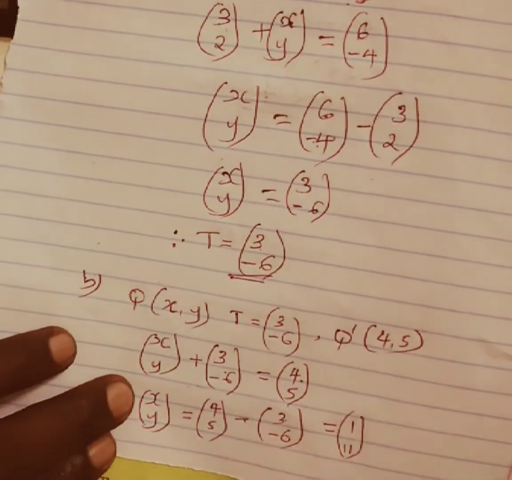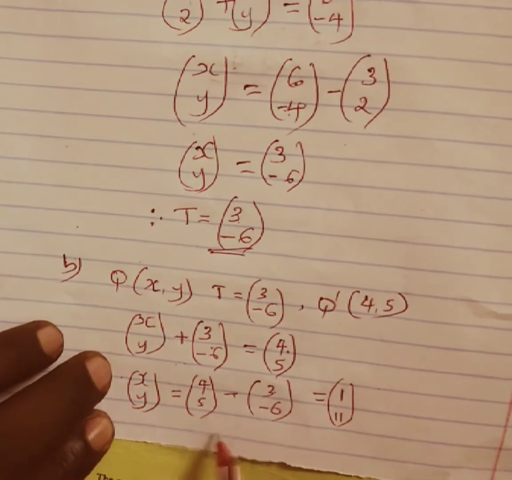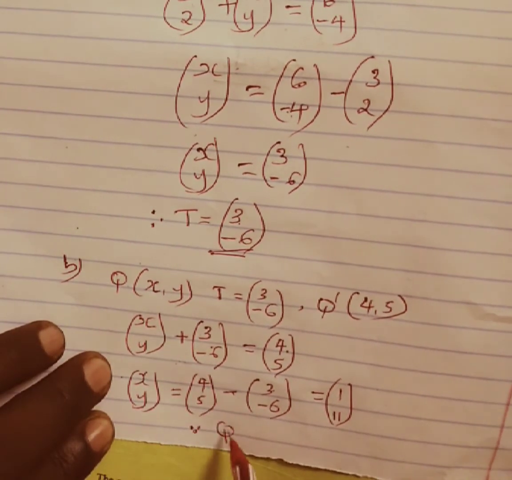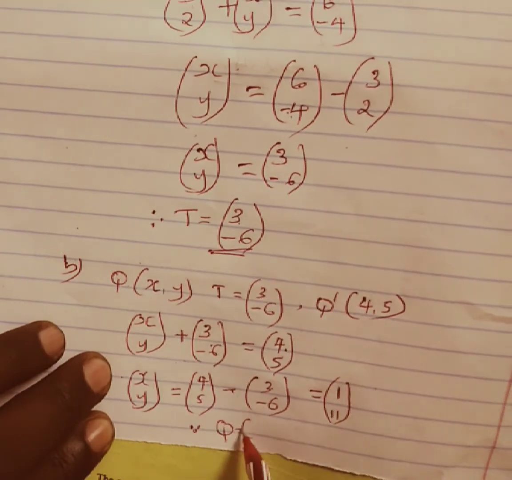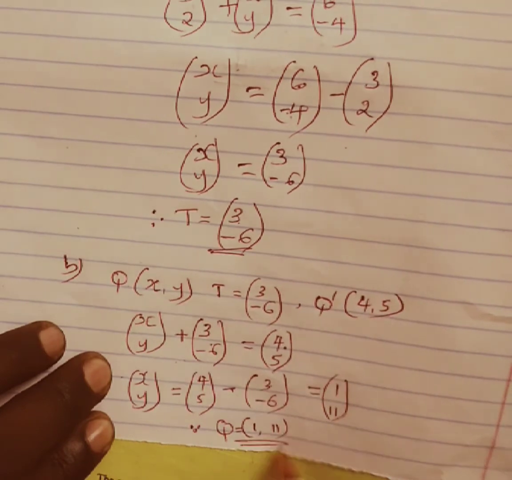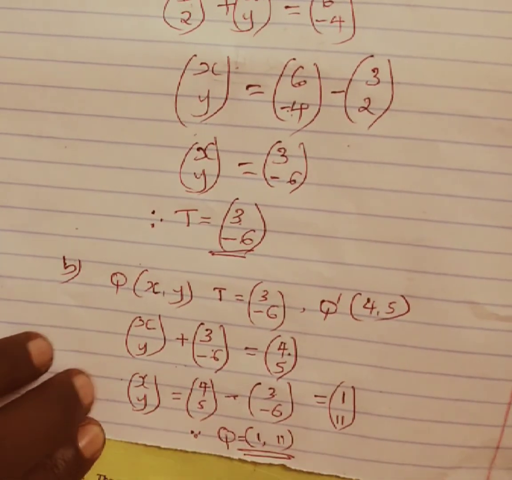In this case now, we can come down and say, therefore, the object Q has coordinates 1, 11, and that is how we do this question.